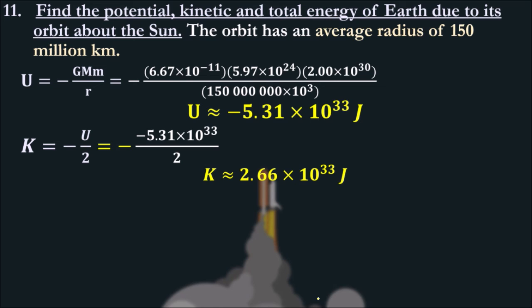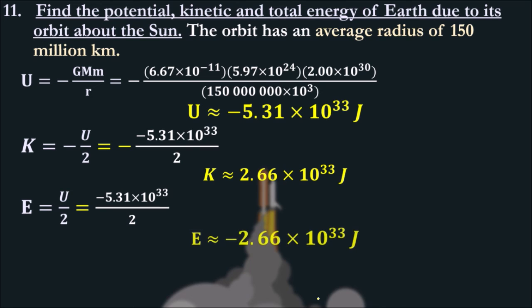We could also do the same for total energy because it's half the amount of the potential, or we can just write the kinetic energy value here and give it a negative sign. So that's how you look at the total energy changes we have with a planet or a satellite orbiting a larger object.